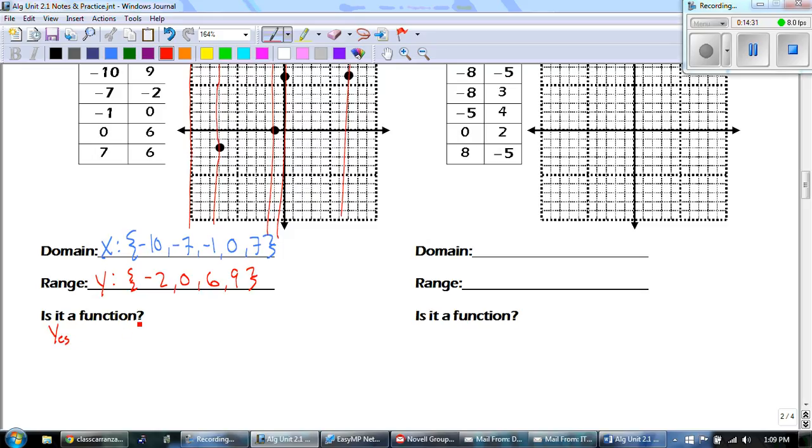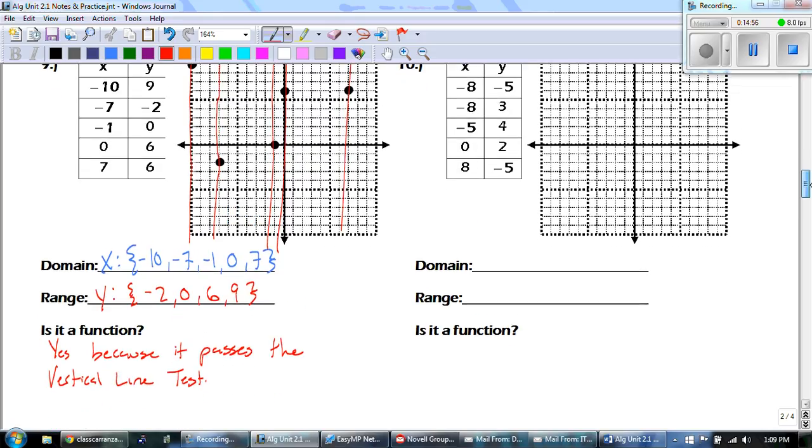Yes, because it passes the vertical line test. Also, there are no points directly above each other or on top of each other, and that's what we're trying to find. Okay, so it passes.